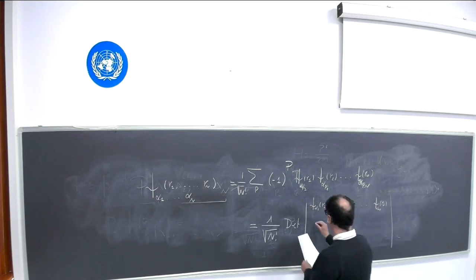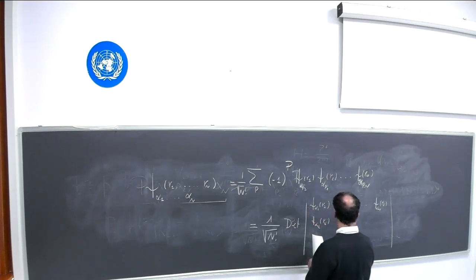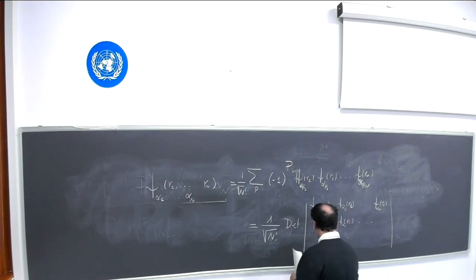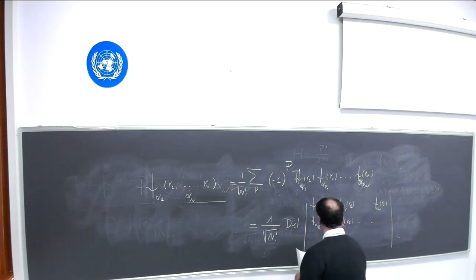Then you continue with psi of alpha 2 r1, psi of alpha 2 r2, and so on and so forth. And here this is alpha 1 r2, and this is psi alpha 1 rn.